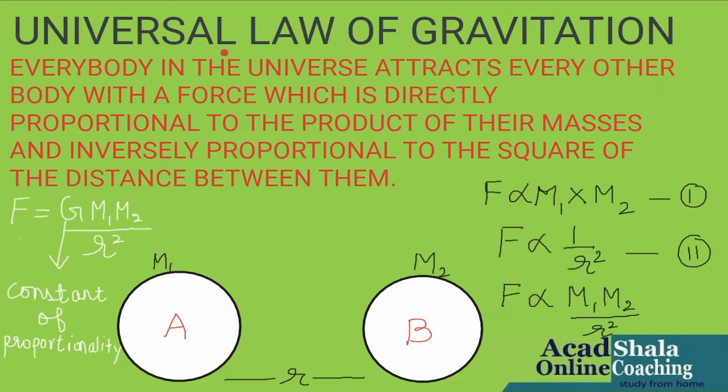According to the universal law of gravitation, every body in the universe attracts every other body with a force which is directly proportional to the product of their masses and inversely proportional to the square of the distance between them.